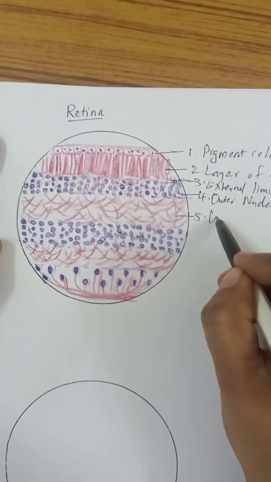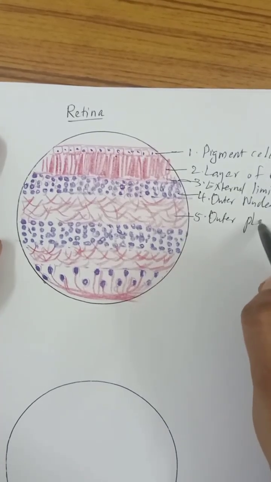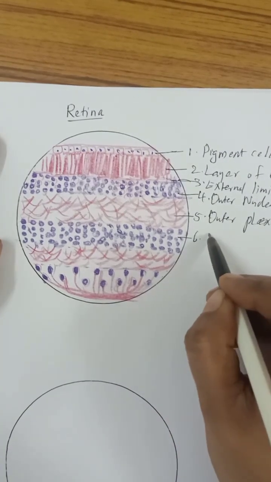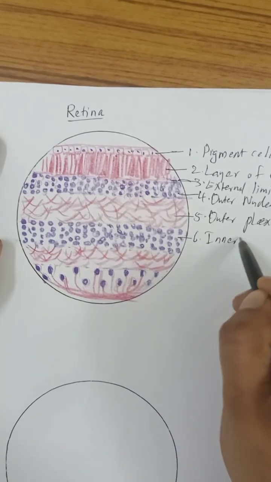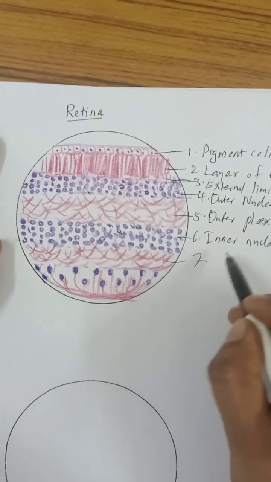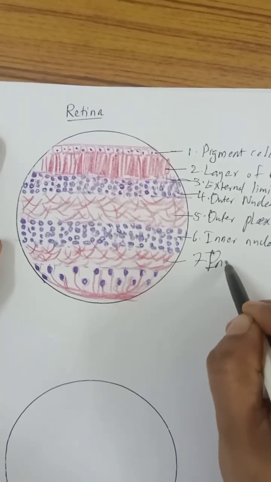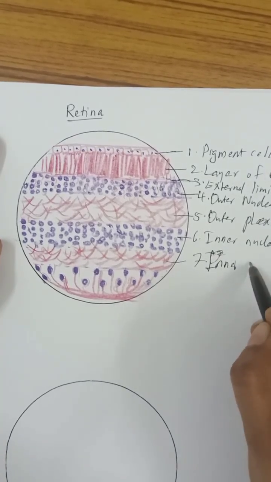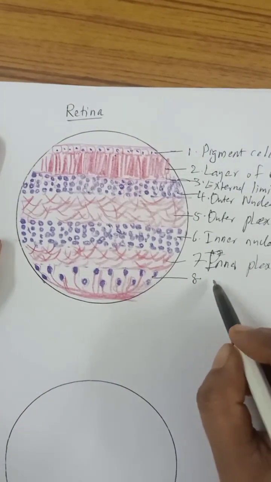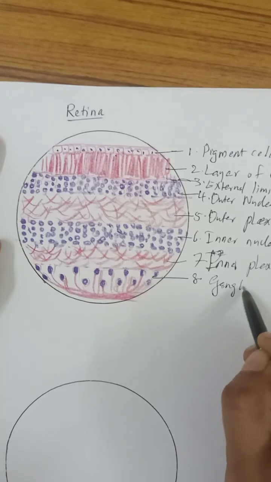Then the fifth layer is the outer plexiform layer. Then the sixth layer is the inner nuclear layer. Seventh layer is the inner plexiform layer. And the eighth layer is the ganglionic cell layer.